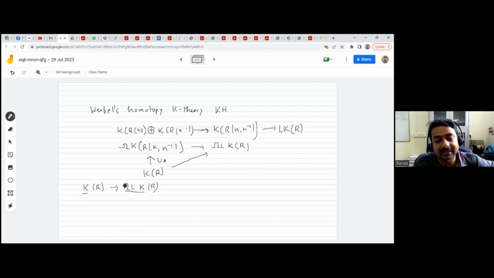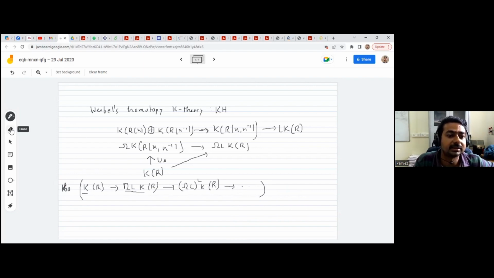We can apply the same method to omega LK of R. You think of it as a spectrum. Then we get omega L of omega L, which I denote by omega L and again omega L, so this is omega L squared of KR. And you can keep doing this. If you keep doing this, then you take the homotopy limit.